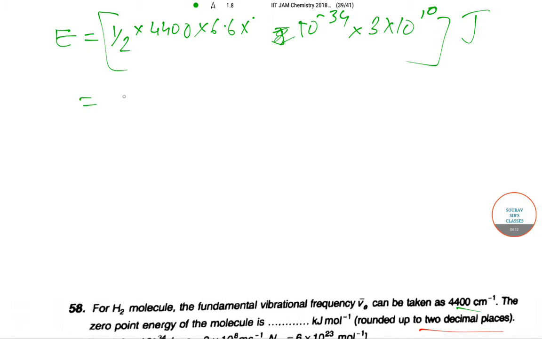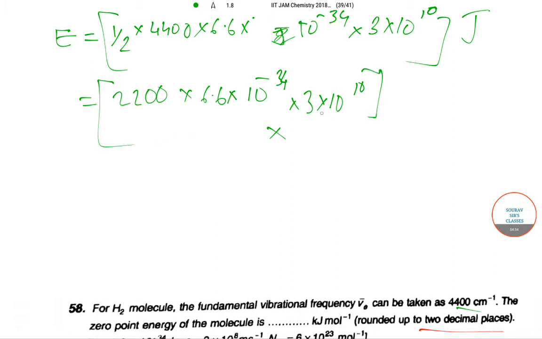This will be equal to 2200 into 6.6 into 10 to the power minus 34 into 3 into 10 to the power 10 into 10 to the power minus 3.